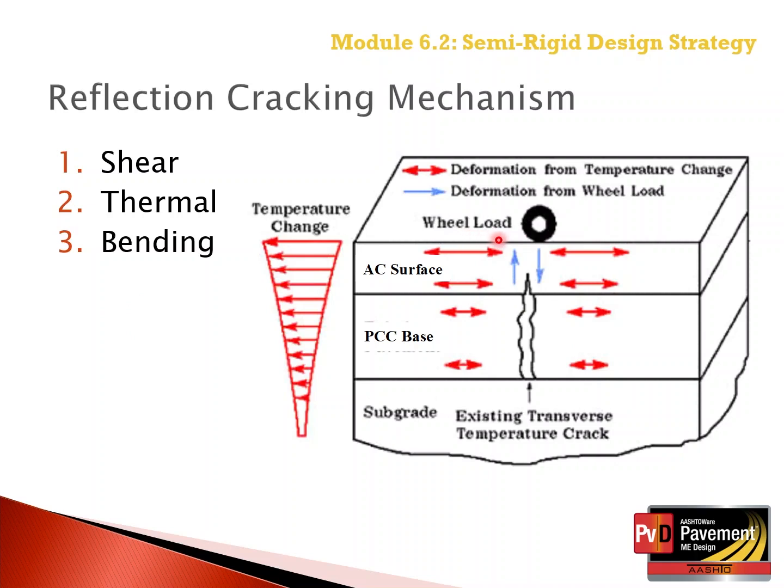When the load goes across the center of this crack, there's obviously a weakening at the crack in the stabilized layer, and so the amount of bending or deflection increases. The tensile strain above the crack from the bending due to wheel loads increases, and that also drives the crack upward to the surface. So the total reflection cracking is a combination of three modes: shear, thermal, and bending.